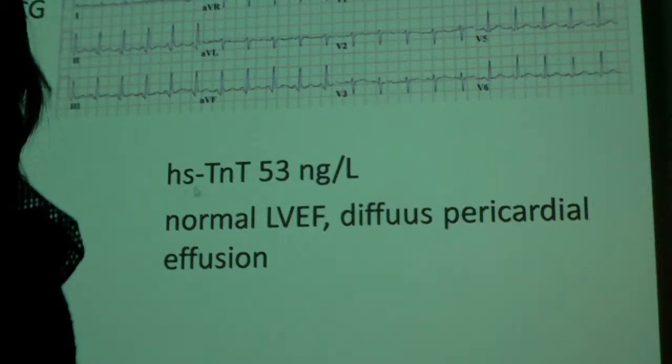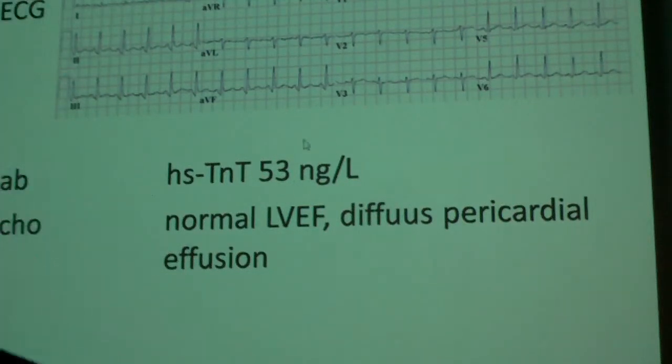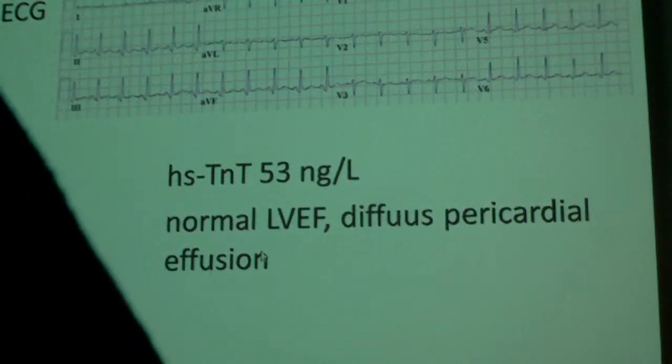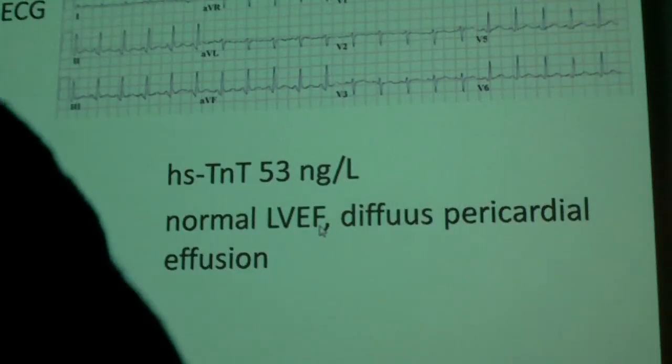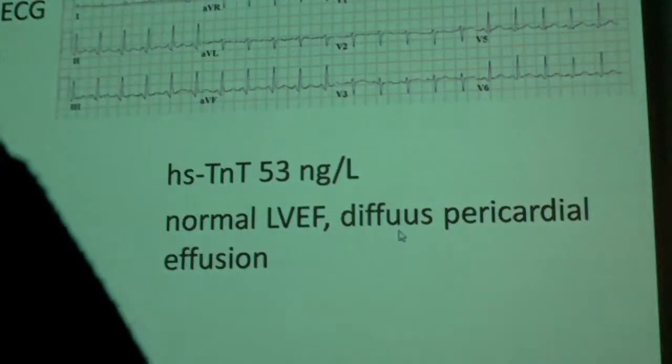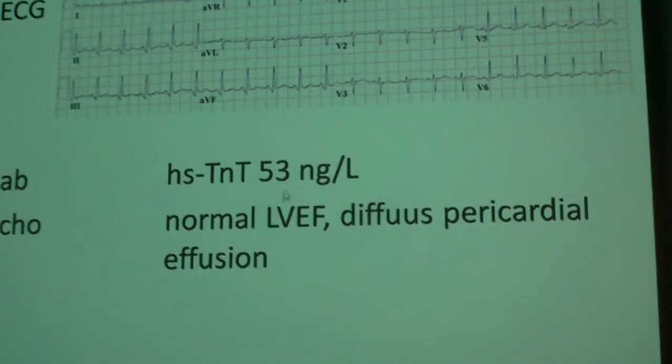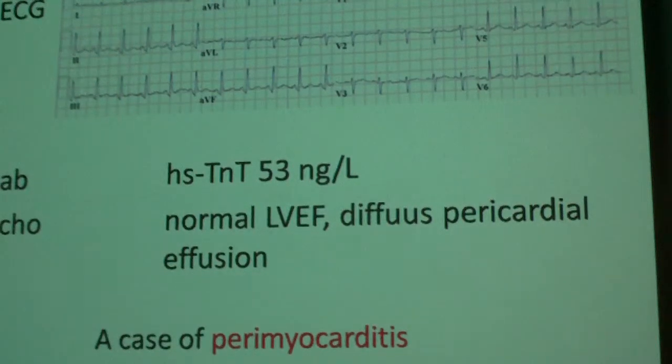Currently we have the high-sensitive troponin, which is increased, and you can see here a normal left ejection fraction, and he also had pericardial effusion. It's also suggestive of pericarditis, but in this case perimyocarditis, because there are also signs of myocyte necrosis. So a simple case of perimyocarditis.